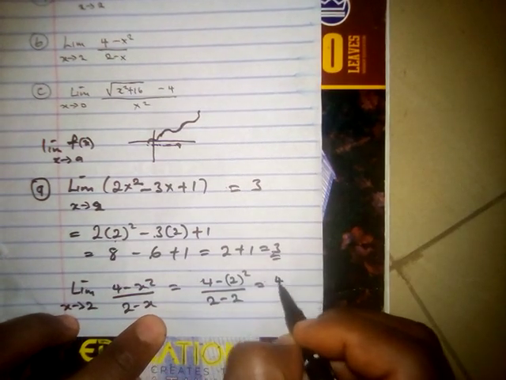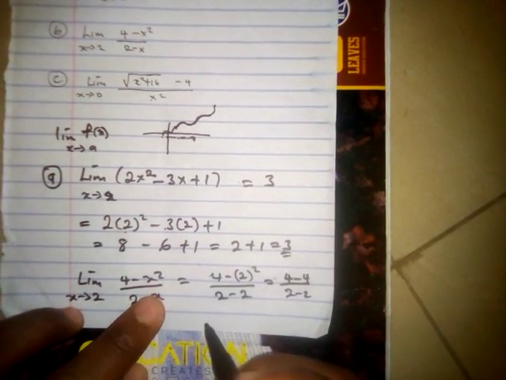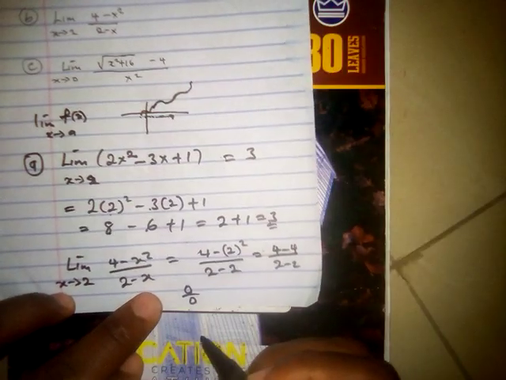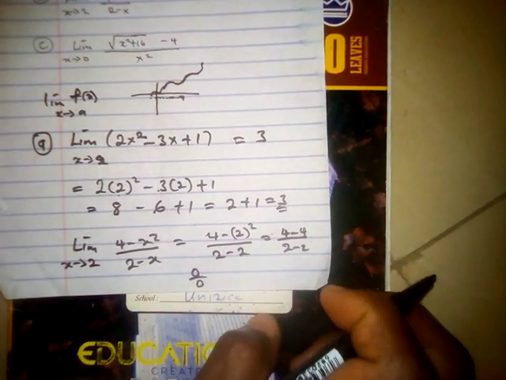So we have 4 minus 4 all over 2 minus 2, which gives us 0 over 0.